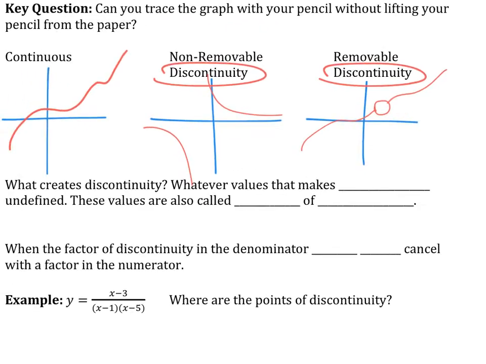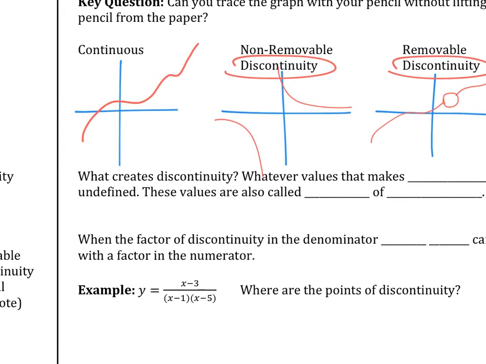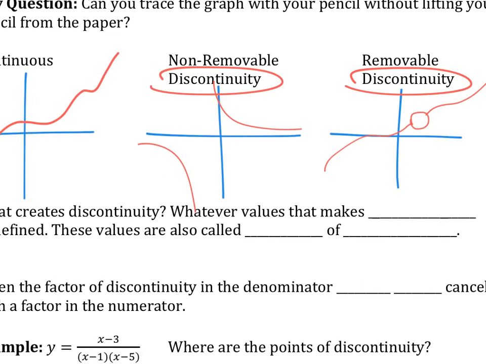Okay, so discontinuity. What causes this discontinuity? Basically, whatever makes the denominator undefined. So your domain restriction, all of it. And we also call this points of discontinuity. So two kinds, non-removable, removable.